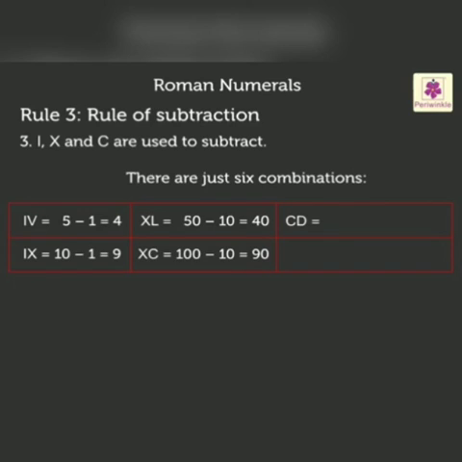CD is equal to 500 minus 100 is equal to 400. CM is equal to 1000 minus 100 is equal to 900. Now, if larger Roman numerals are given, how do we read and write them?